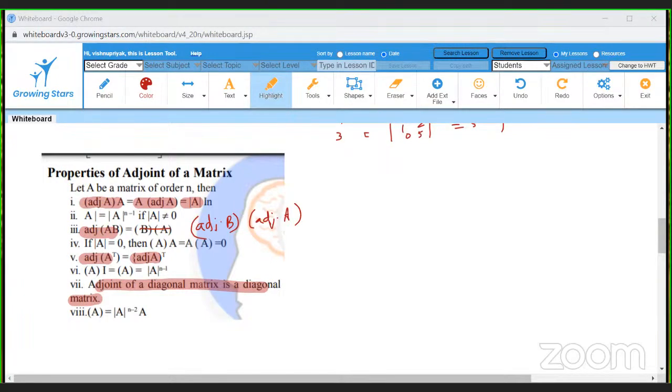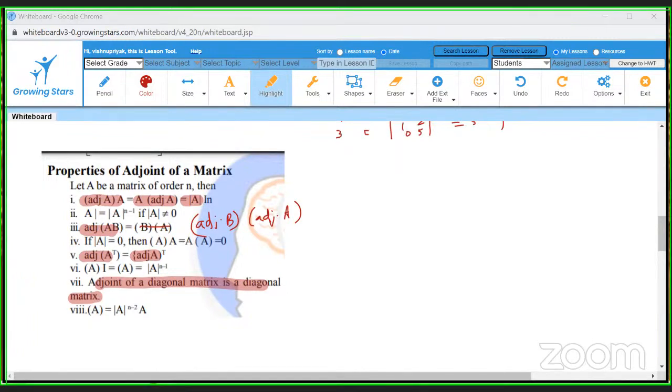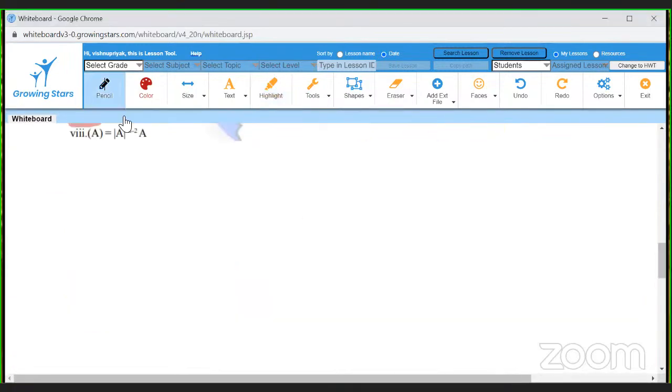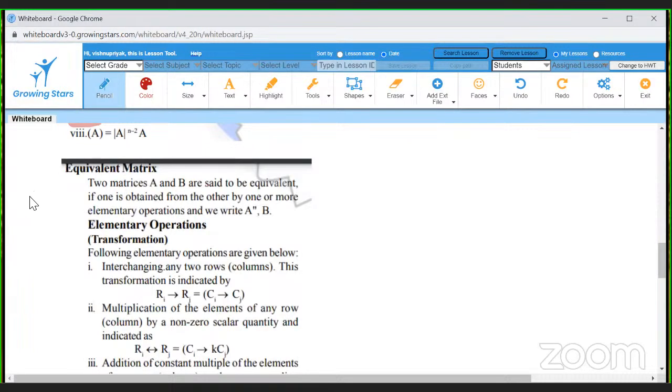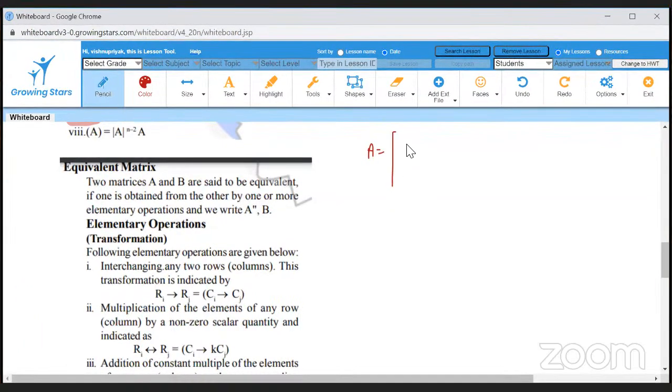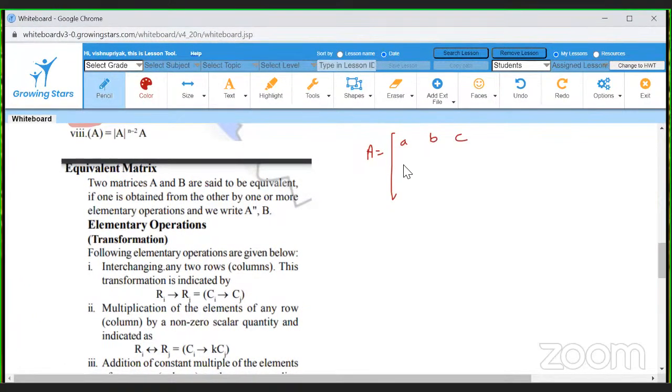The next is some operations on matrices. If you do some things, the determinant will not change. See, suppose A is a matrix having a, b, c, d, e, f, g, h, i.